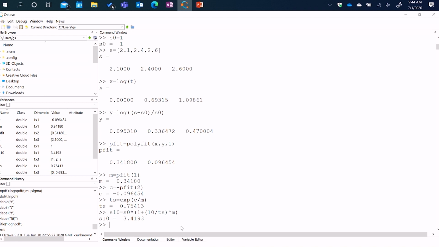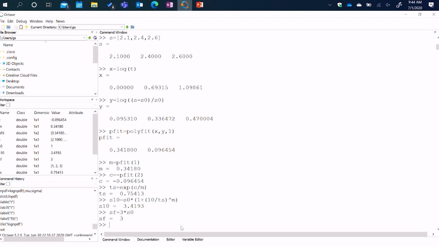And you can also calculate the time it takes for you to reach 3 times the initial thickness. So I'm going to define a new S sub f, which is basically the thickness at failure, and that's 3 times S naught, which is 3 microns. So now I can go ahead and calculate the time to failure.